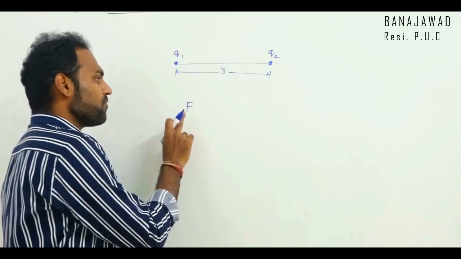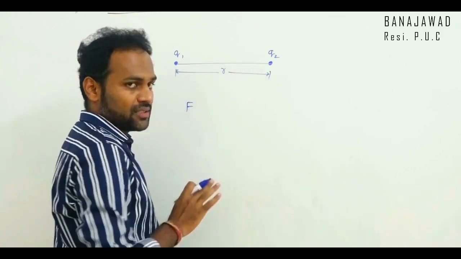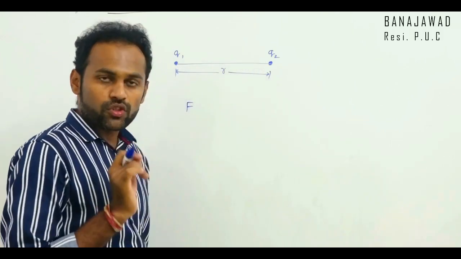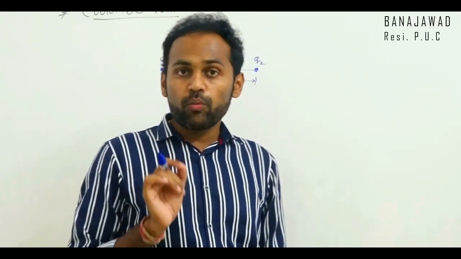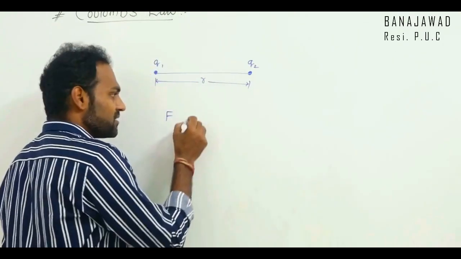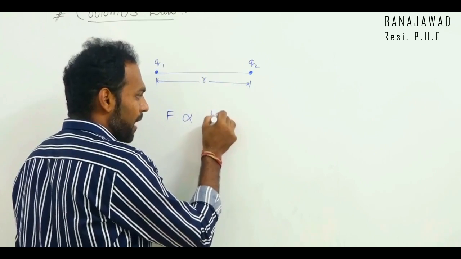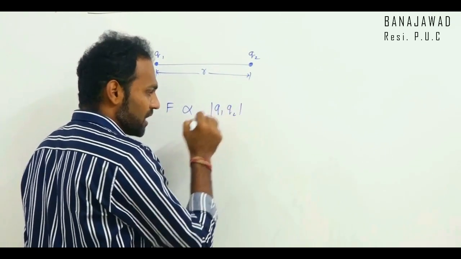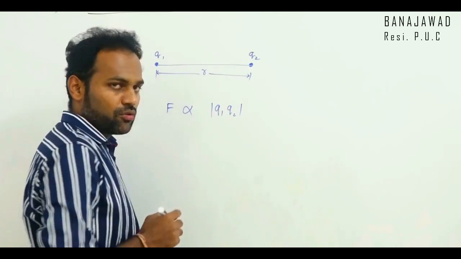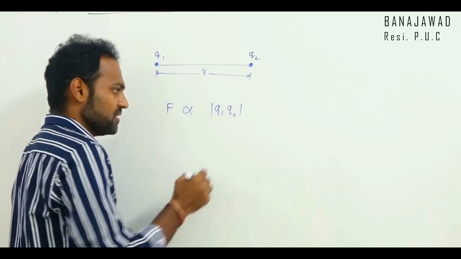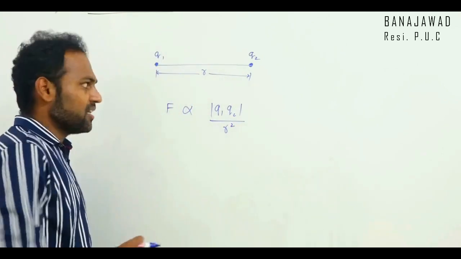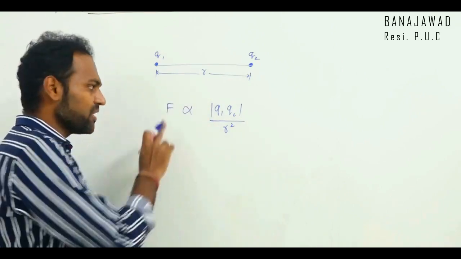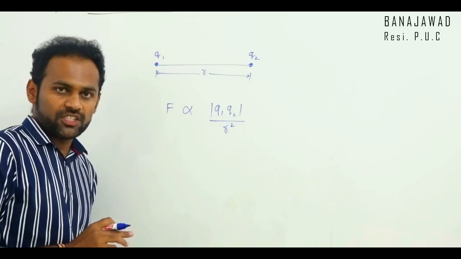According to the statement of Coulomb's law, the force of attraction or repulsion between any 2 point charges is directly proportional to the magnitude of the product of the two charges and inversely proportional to the square of the distance between them. The distance between them is r.